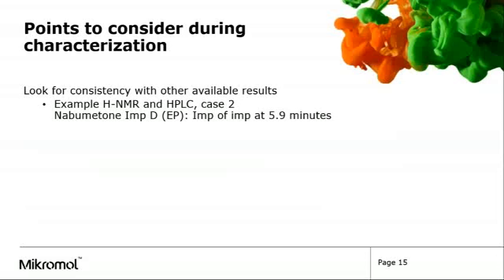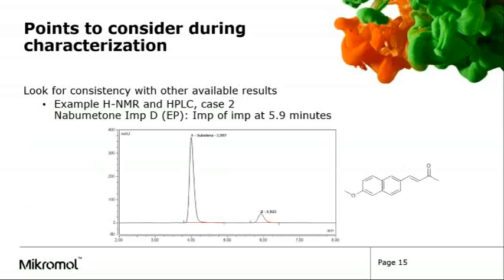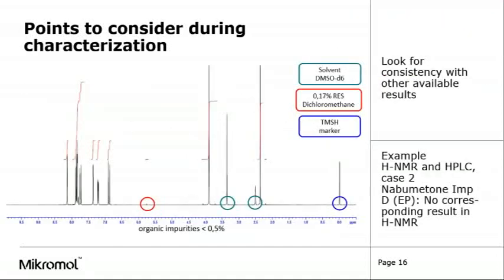Another example where you're trying to check consistency was this compound, where in the bumetanide we see the HPLC gave a significant impurity for this reference standard at about 5.9 minutes. This is almost on the order of 10% of the main peak or so. And again, you would expect to see something corresponding to that in the NMR.